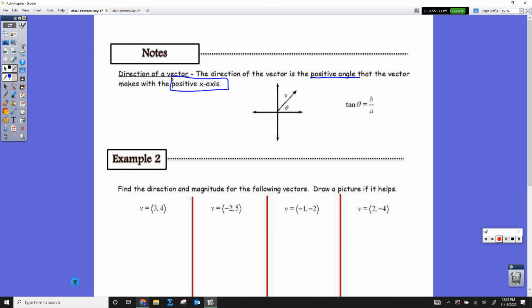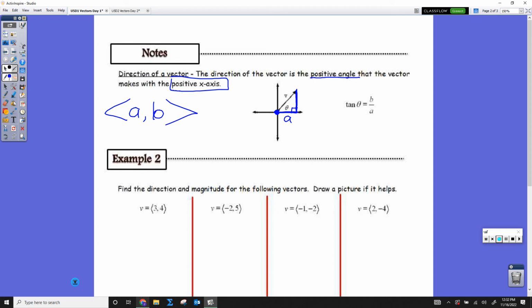Okay, so here's a vector. What quadrant is this vector drawn in? Quadrant 1. If I was trying to figure out the horizontal and vertical movement, we could tell it started right here at the origin. Here's the horizontal movement, and here's our vertical movement. There's our right triangle that's created. If we had vector ⟨A, B⟩, which one represents the horizontal movement?